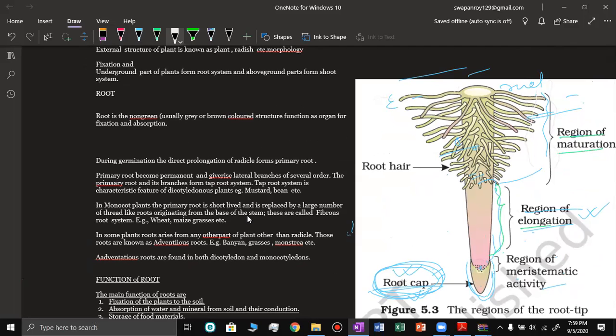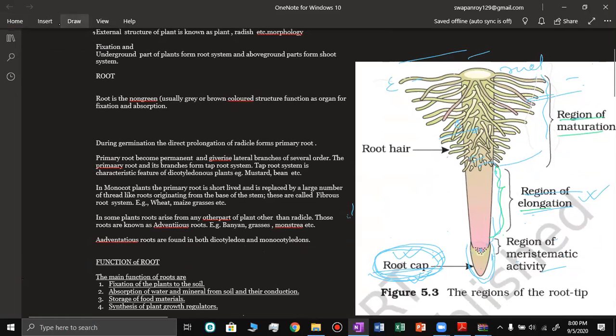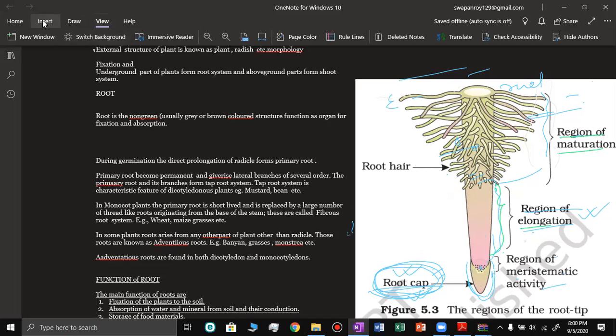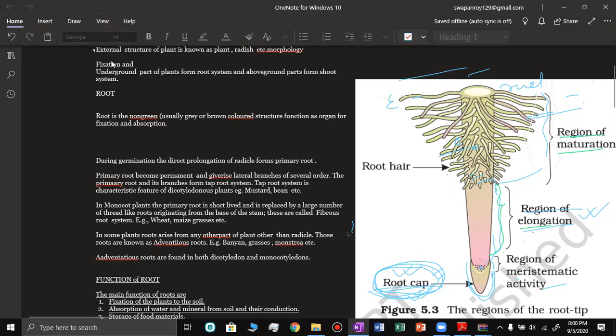I can increase the font, then you can see them. You will be given these notes for this chapter later on.